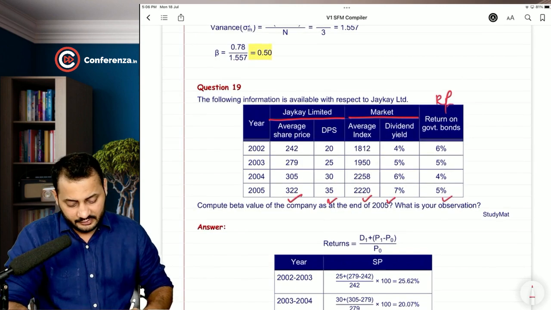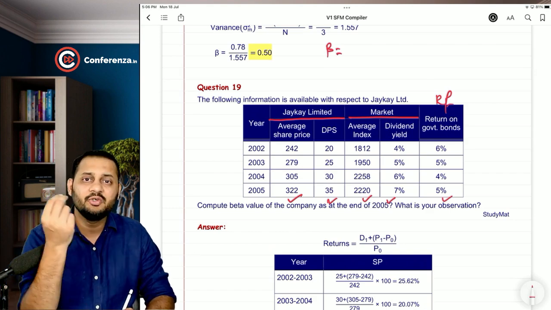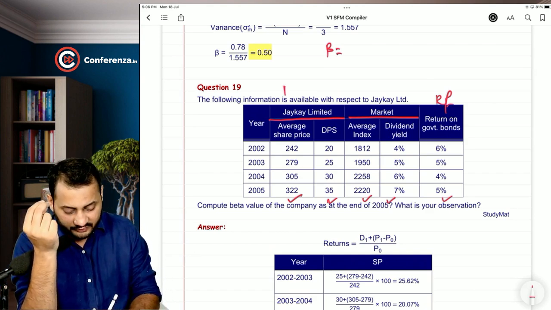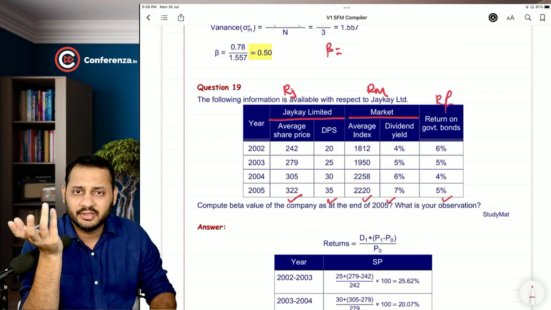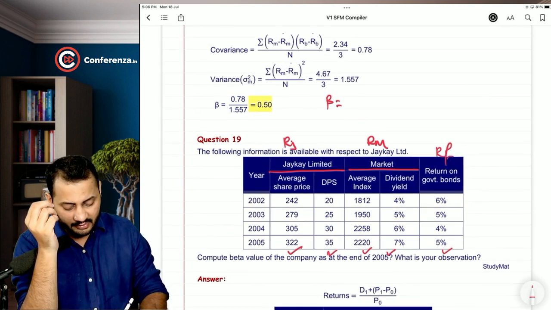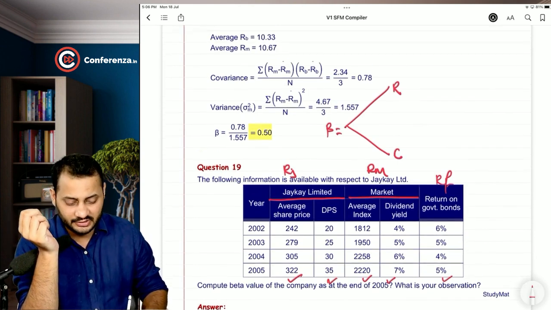For the beta, please understand, we need 2 things: return of JK Limited and return of market. Without that we cannot calculate the beta. Beta can be calculated with 2 different methods: regression analysis and correlation analysis.